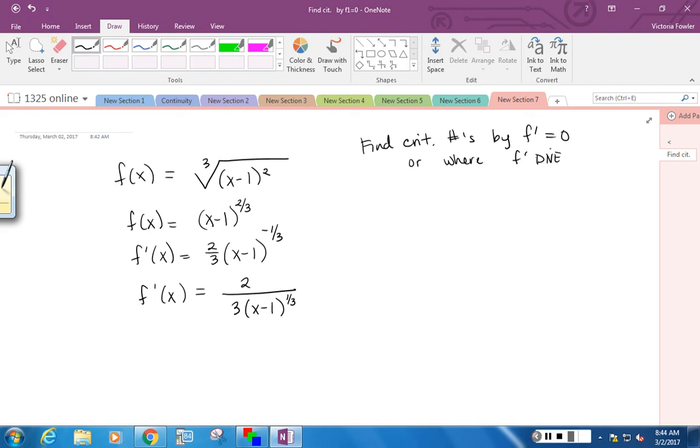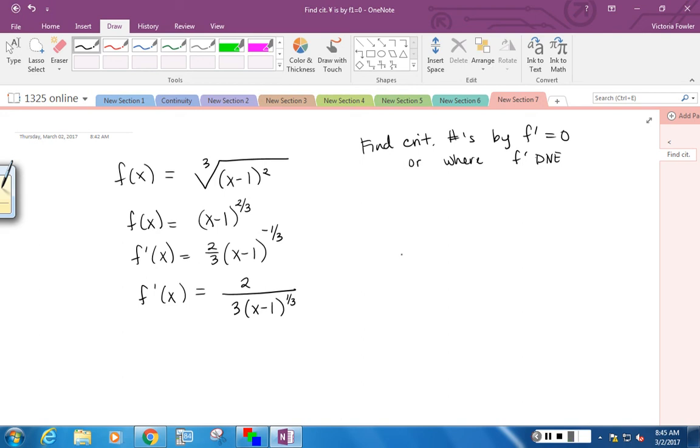Okay. Anytime you have a rational function, that means that we have essentially this fraction, with a variable in the denominator, we should start thinking about domain and that we cannot divide by 0. So actually, where would my derivative not exist? It would not exist where the denominator is equal to 0.